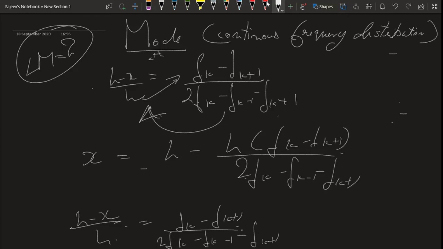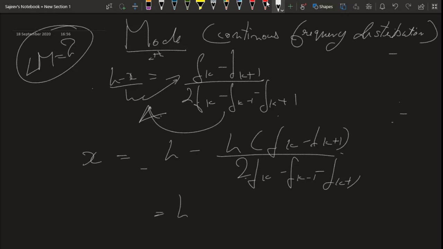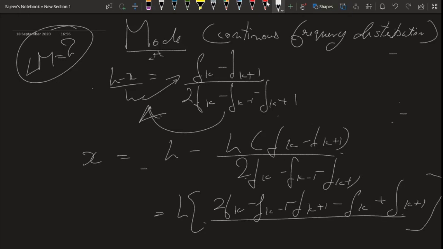So that is h into 2fk minus fk minus 1 minus fk plus 1 minus fk plus fk plus 1, the whole divided by 2fk minus fk minus 1 minus fk plus 1.